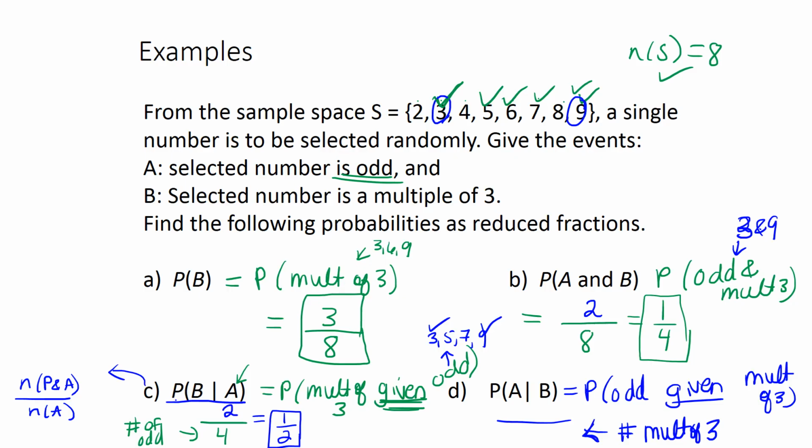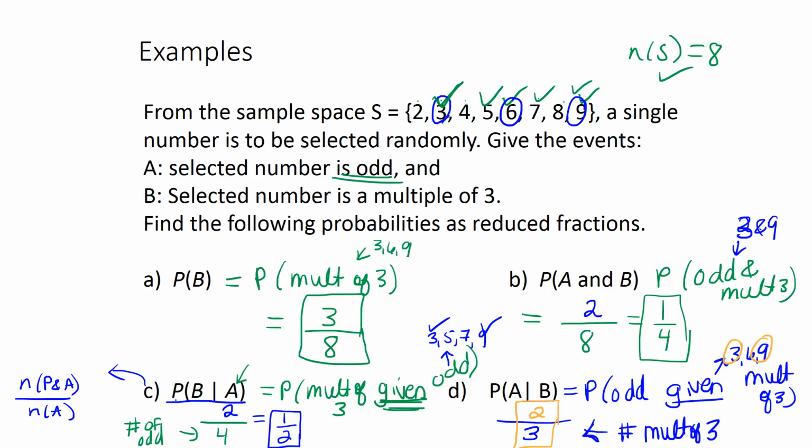All right, and when we look at our chart, 3, 6, and 9, there's 3 multiples of 3. And we want the probability of the odd given that it's a multiple of 3. So there's actually 2 of the 3 that are odd.